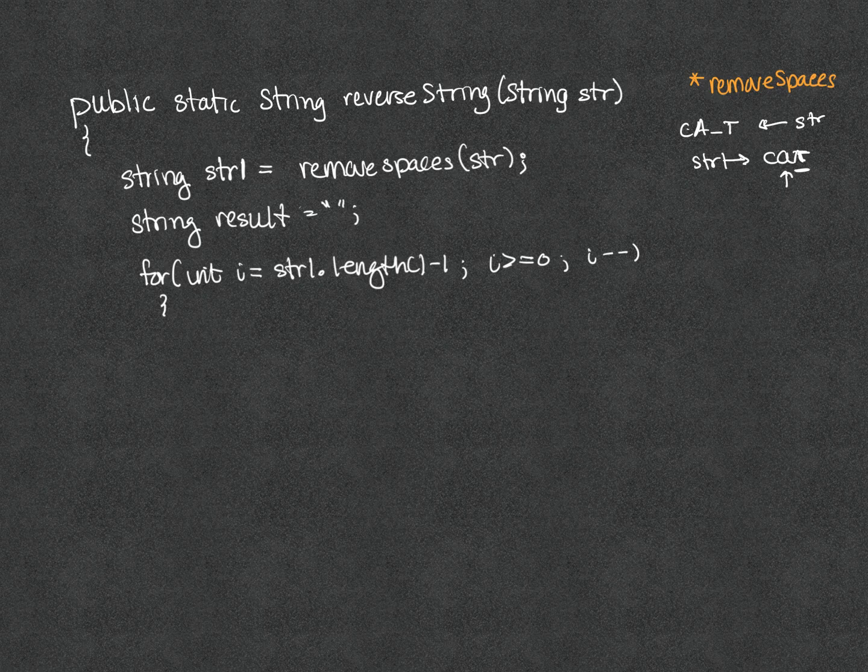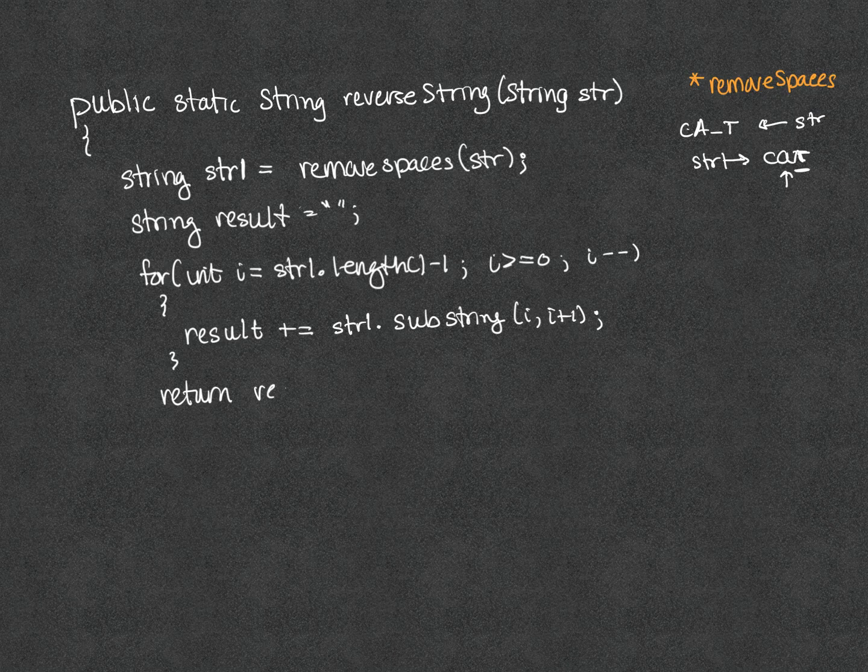All we're going to do is pick off the character and concatenate it back to the result. So we're going to grab str1.substring(i, i + 1). And then lastly, after all that's done, we're just going to return the result.